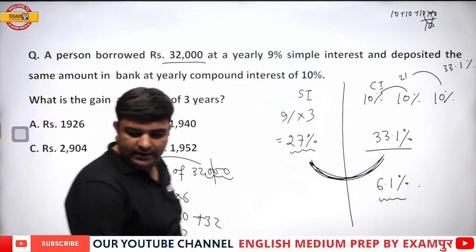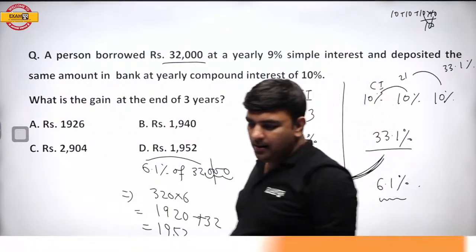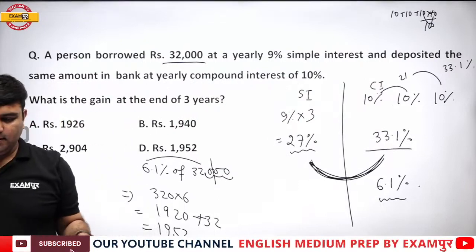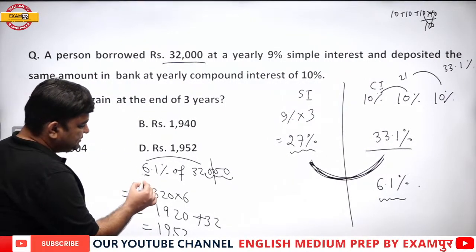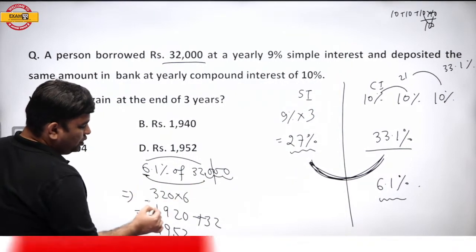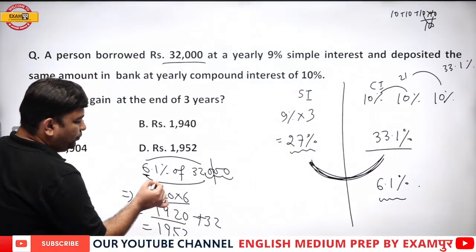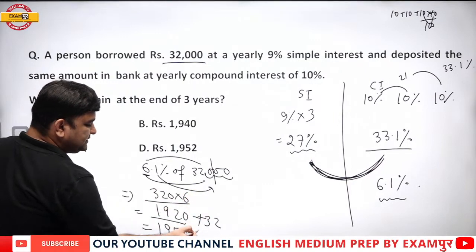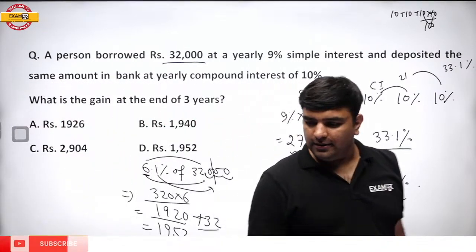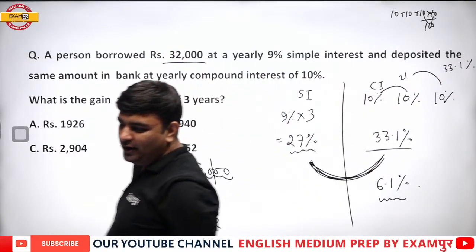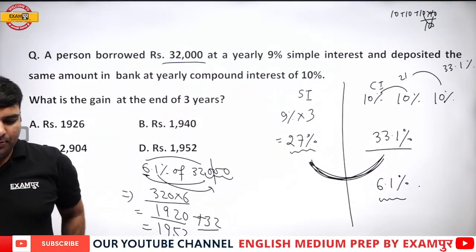Is it clear to all, guys? 6% is 1920, and 0.1% is 32 rupees.